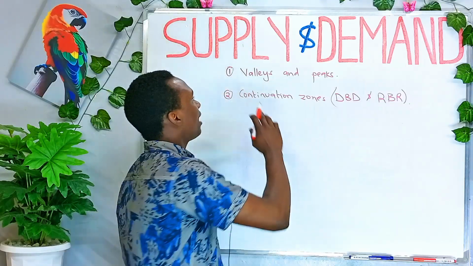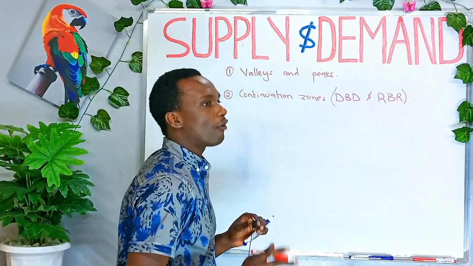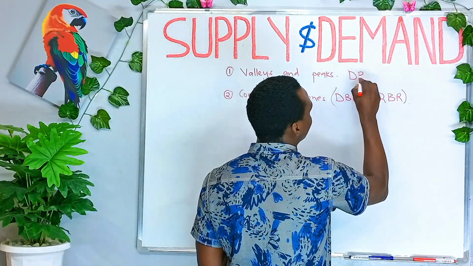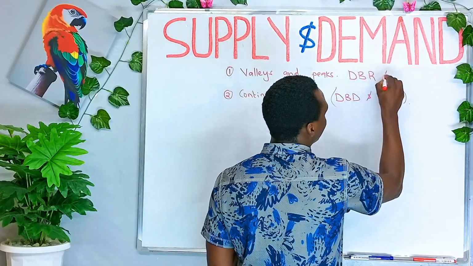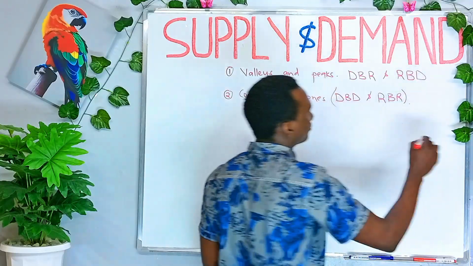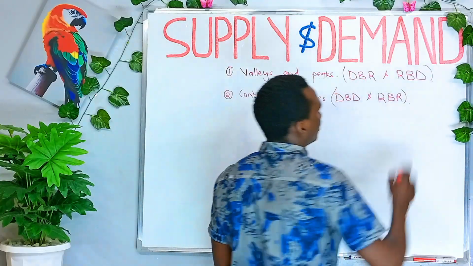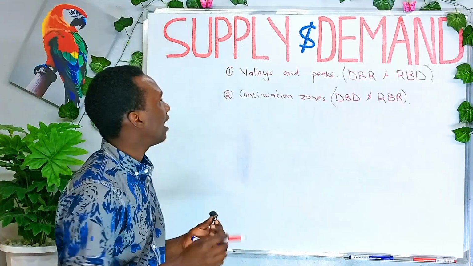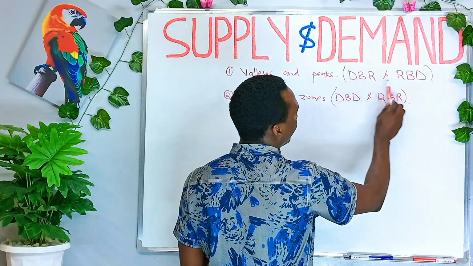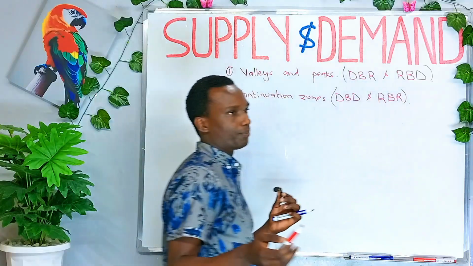Okay, the valleys and the peaks, they form patterns like the drop base rally and the rally base drop. Okay, so look keenly, we have two types of patterns here: the drop base rally and the rally base drop.